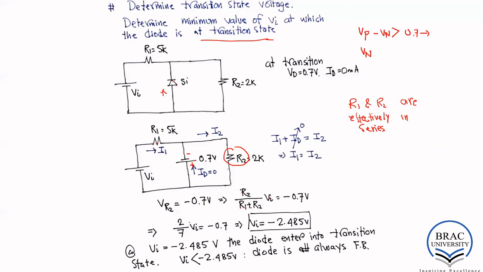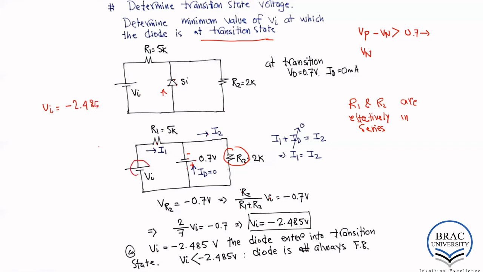After making some calculation, we find that Vi is equal to minus 2.485. So what does that mean? In order to go through the transition state, the source voltage has to be Vi equal to minus 2.485.